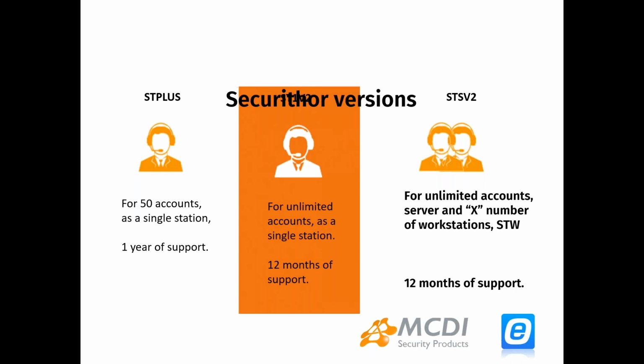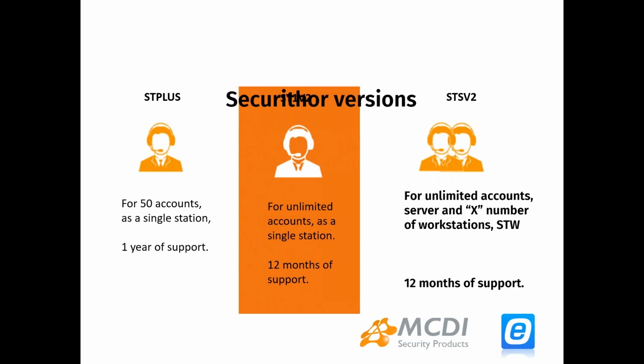So what is the support that I'm talking about? Well, you can ask for a ticket directly to MCDI, and we're going to help you if you have any kind of question or trouble with Securitor. And also, we're going to give you the updates that we release maybe twice a year. And the last version is networks, called STS v2.